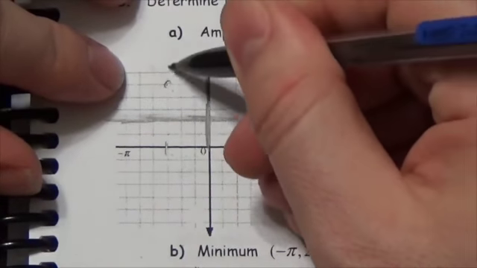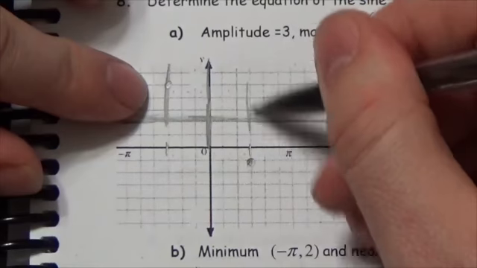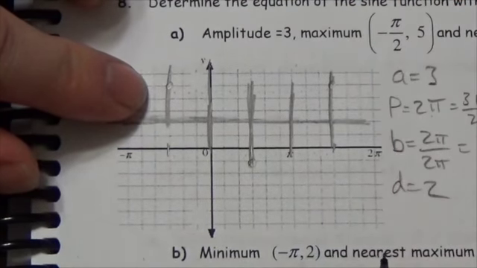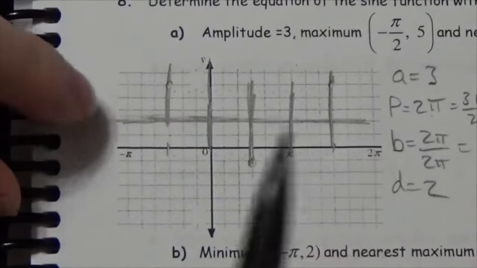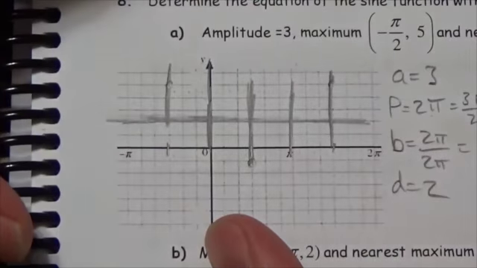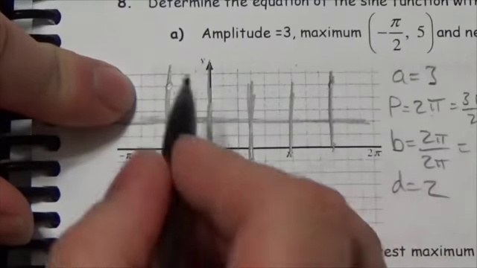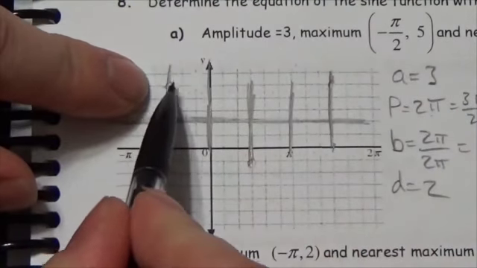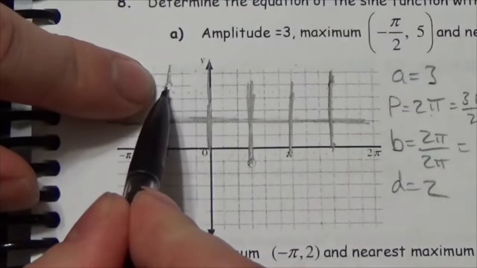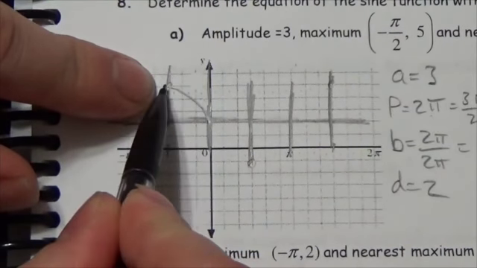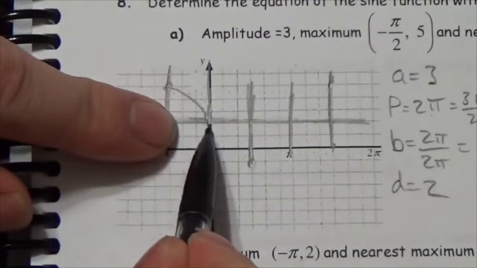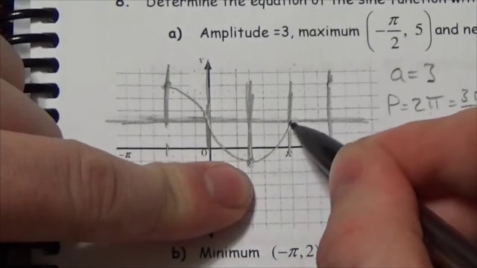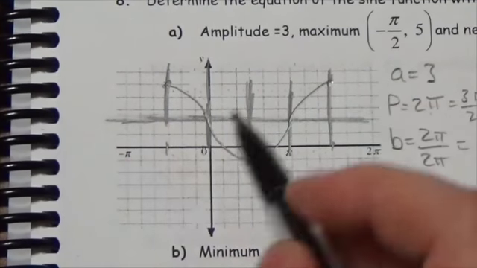So this represents the first quadrant, second quadrant, third quadrant, fourth quadrant. I know this is a maximum. I know that in one quarter here, I'm going to go from max to a middle, and then it's going to go from middle to the min to the middle to the max.